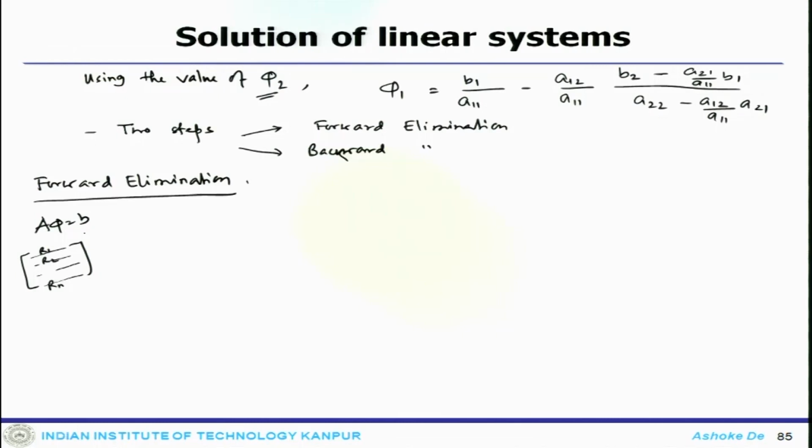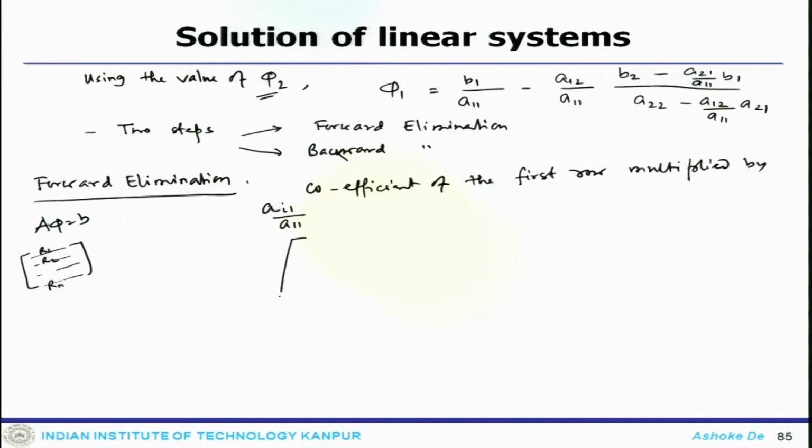So, the coefficients of the first row are multiplied by a factor Ai1 by A11, and the resulting equation is subtracted from the ith row. This i can be 1, 2, 3, 4 and so on.